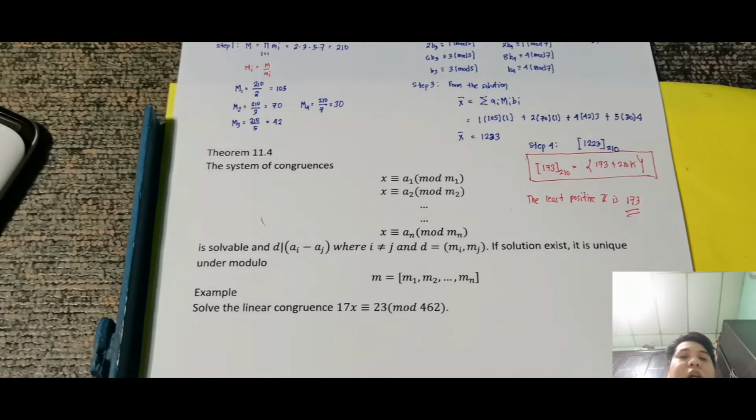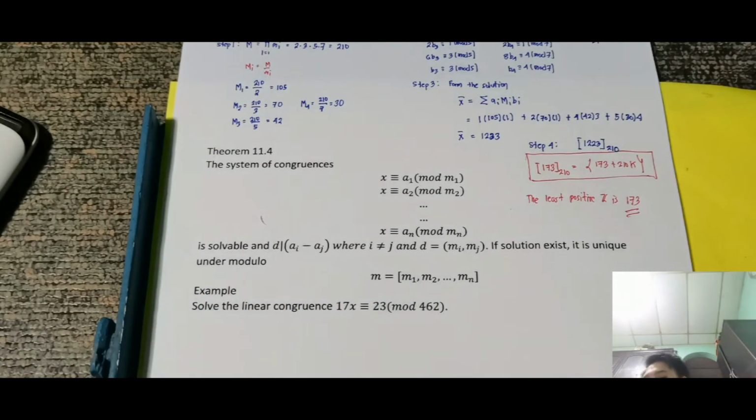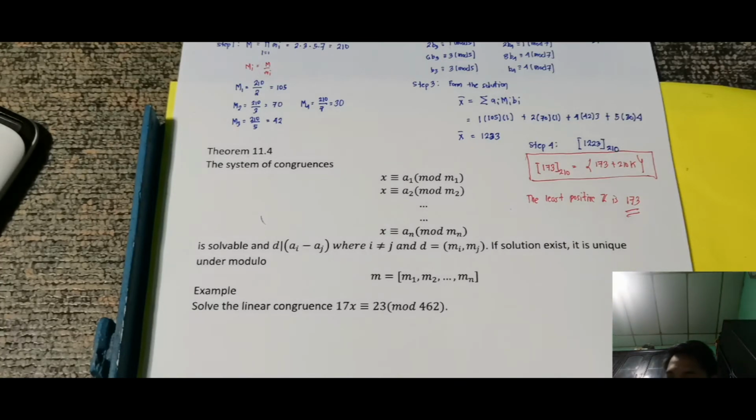Ang gagawin is hatiin natin siya to form system of linear congruence. Yun lang yung ibig sabihin nito. So, ang gagawin mo, kailangan ma-form mo siya is m sub 1 times m sub 2 times m sub 3 up to m sub n. So, dapat yung kanyang prime, kumbaga yung prime factor. Okay. So, paano natin gagawin yung ganyang idea or paano natin isa-solve yung ganitong klaseng problem?